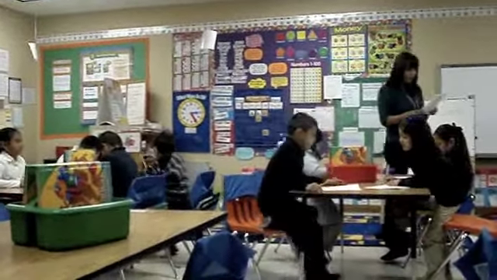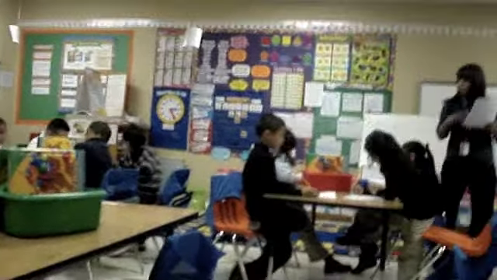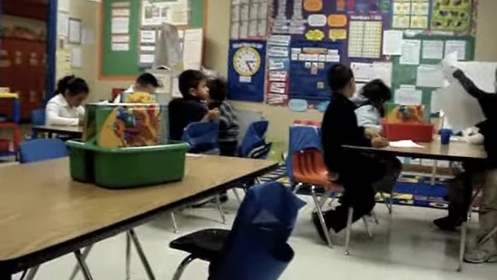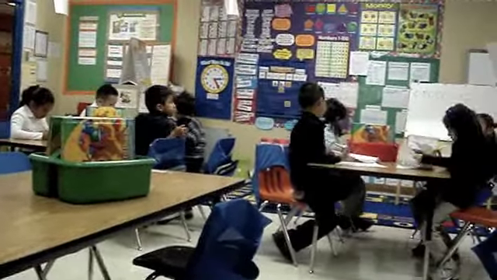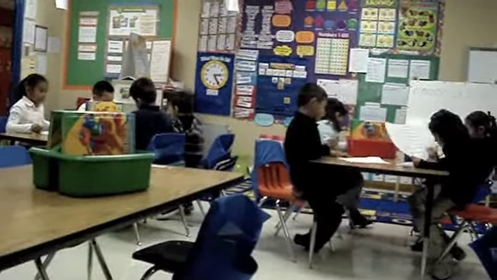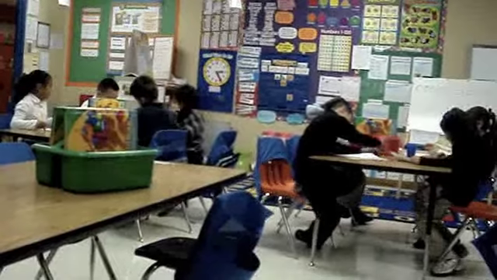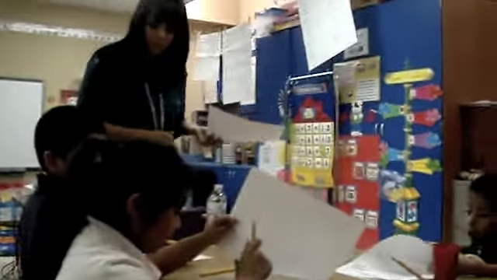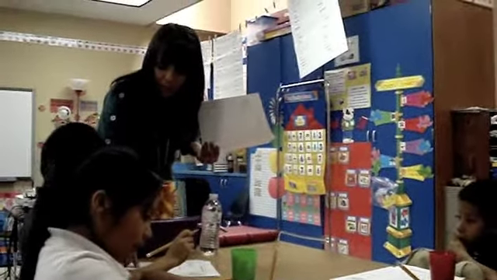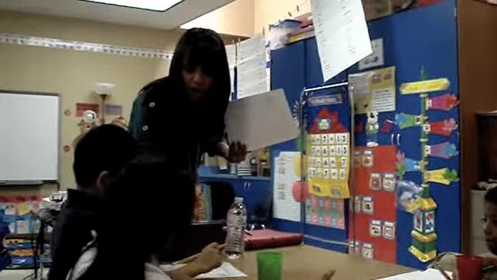How many pink and blue flowers did he see in all? What does in all mean? What colors are we looking for? Pink and blue. So how many pink and blue flowers did he see in all?